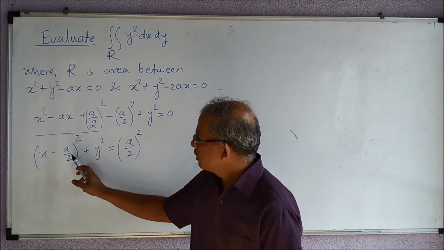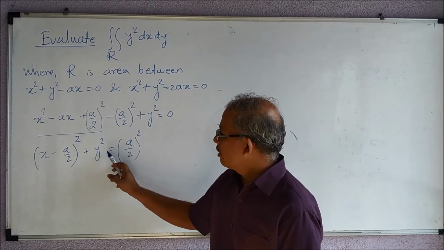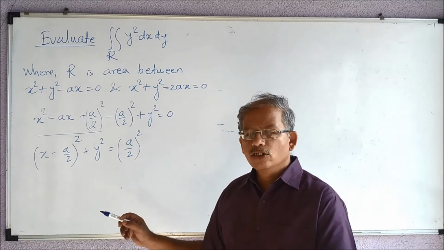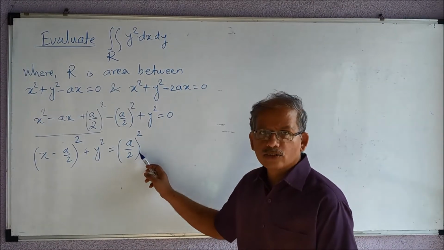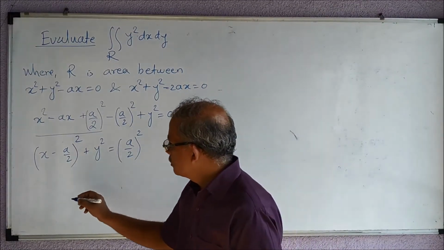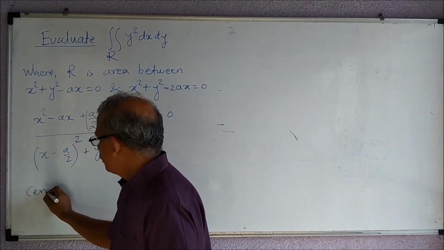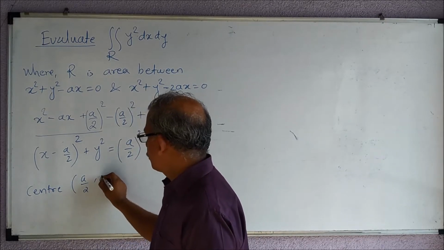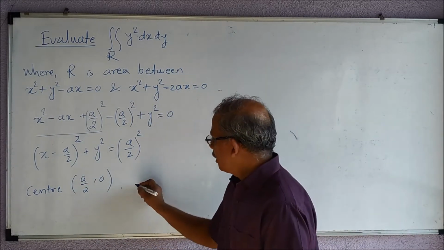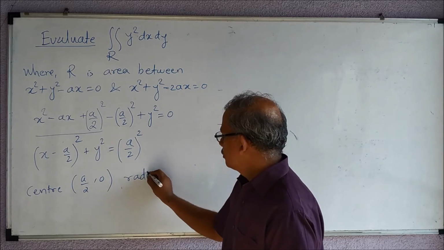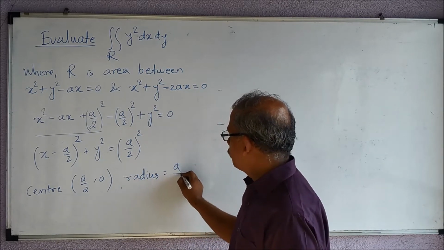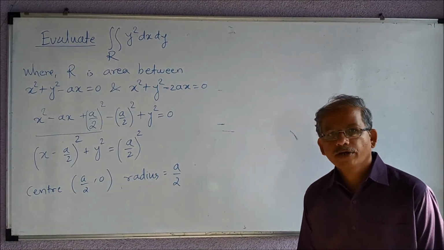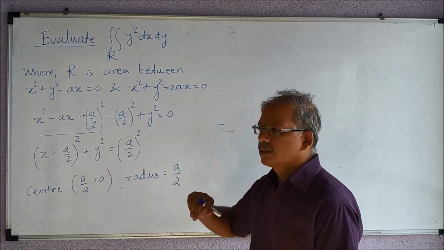So this is (x minus a) square plus (y minus b) square, so I can say (y minus 0) square equal to r square. So this is a circle centered at (a by 2, 0), so that is on the x axis, and radius equal to a by 2. Right? So now we can easily draw this circle.